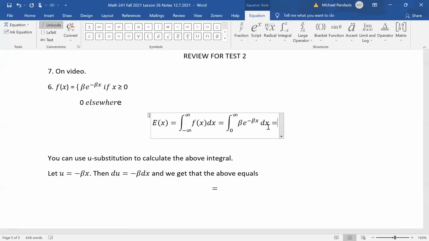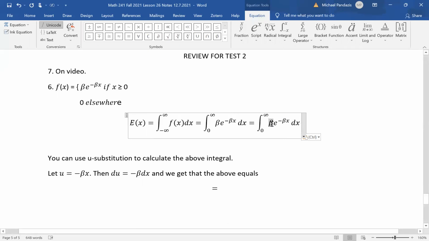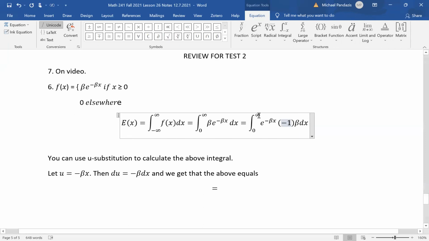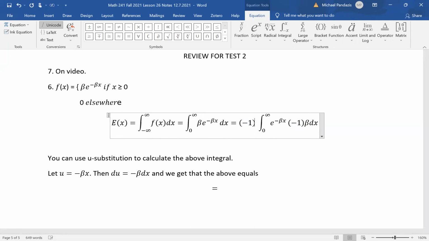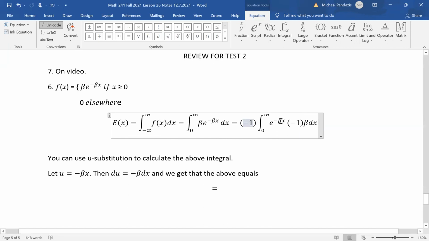And so I'm just going to put this beta over here next to the dx. And I need a negative 1 there, so I'm going to multiply by negative 1 on the inside, and I'm going to multiply by negative 1 on the outside. Multiplying by negative 1 twice is the same as multiplying by 1, which doesn't change the value of this. So we have a negative beta dx here, which is du. So now after we substitute, we get the above, which was this, right?